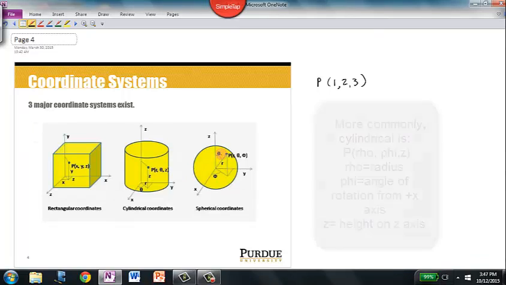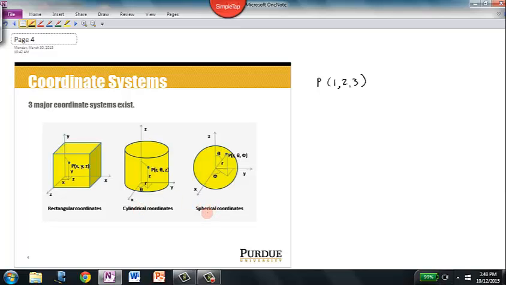In the spherical coordinate system, a point is visualized as existing on the surface of a sphere, and it has a unique radius of the sphere, and 2 angular rotations, theta and phi. In this diagram, we can see that r is just the radius of the sphere, theta is the angular rotation as measured from the positive z-axis, and phi is the angular rotation as measured from the positive x-axis.